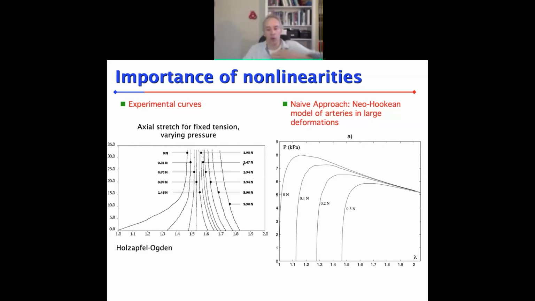Typically within the body, your artery is being pulled by the rest of your body with around 2 or 3 Newton, around this here. And what you do is that you inflate it, and what you'll see is that the stretch, so here's the stretch and here's how much you inflate it, so the internal pressure. The stretch between the two endpoints does not change when it is under tension, right? It's quite a remarkable structure. So let me repeat that.